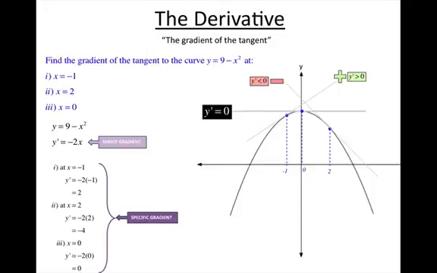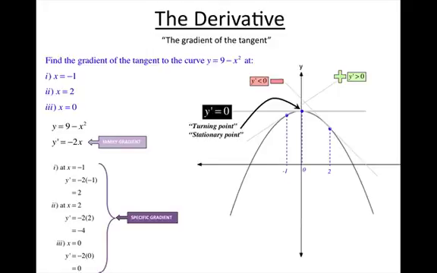This is a really key feature that we're going to be using throughout the rest of calculus and the rest of the next year. It is massive. y dash equals 0 actually ends up giving you turning points or stationary points. As you can see, that is the turning point of that parabola, or as we'll call it, the stationary point of that parabola.